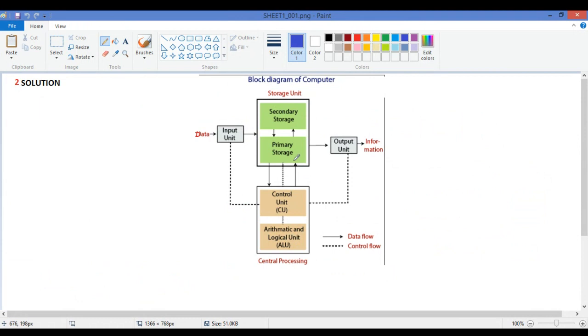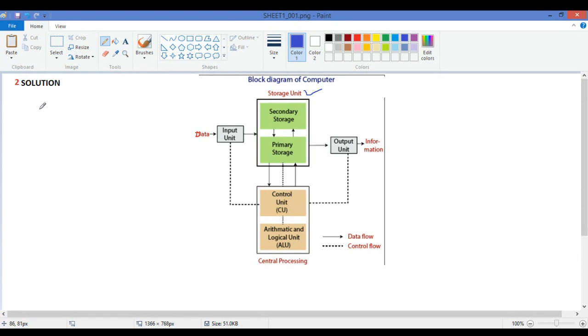The block diagram of a microcomputer also has primary storage and secondary storage. When you combine the secondary storage and primary storage, you call it a storage unit, and the combination of control unit and ALU is called the CPU, central processing unit. Remember that the CPU is a combination of ALU and control unit.